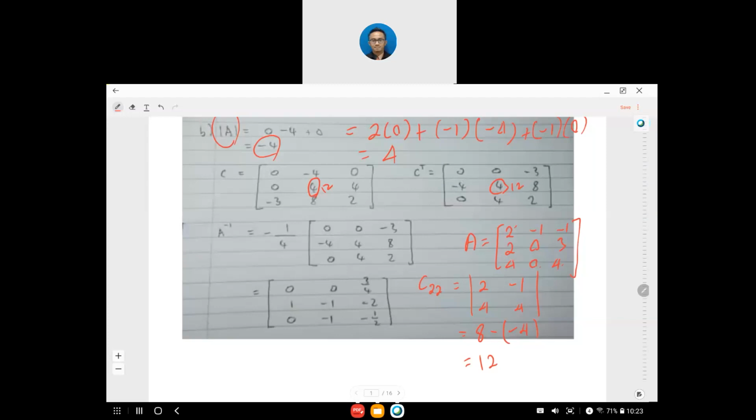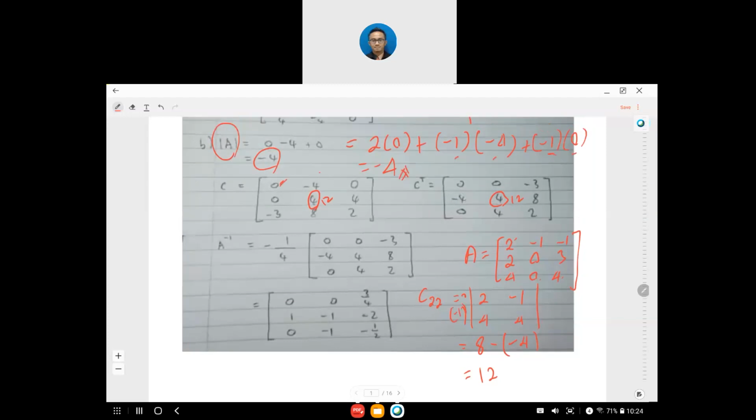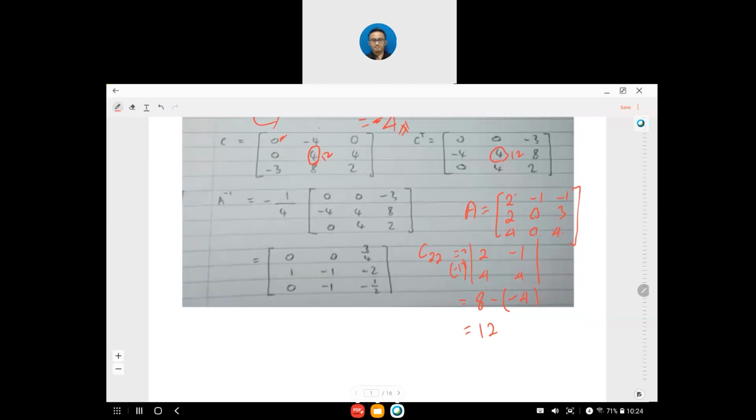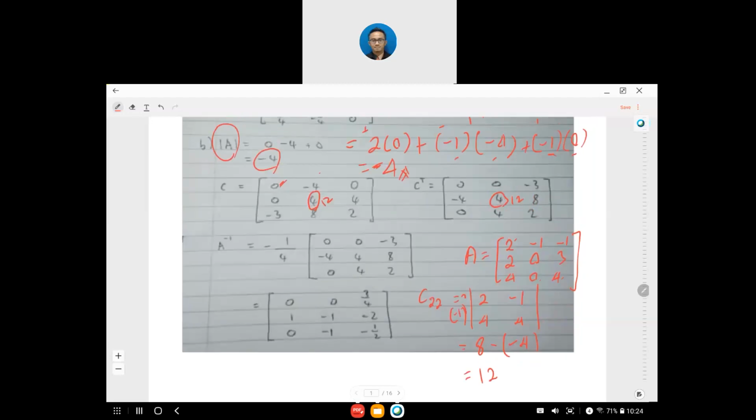The others. What? Okay, so your determinant becomes negative 4 because it's plus, minus, plus. Okay, so your determinant becomes negative 4. Okay, and then again, this one you did the transpose correctly.